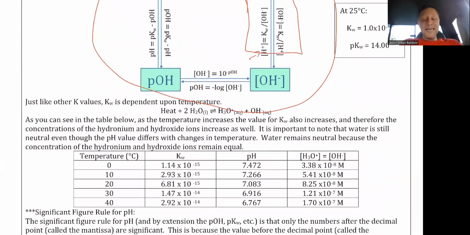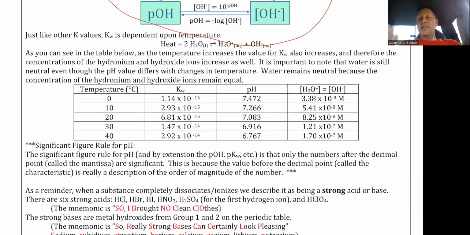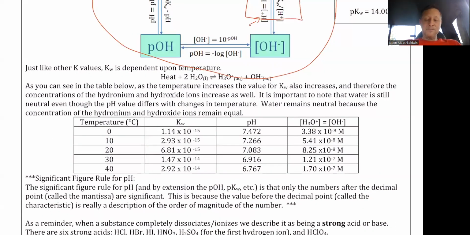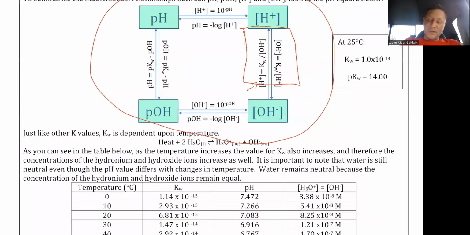So guess what? Equilibrium K's can shift, okay? I should just mention right here, this box mentions pKw. Whenever you see a P in front of something, that's just the negative log, or 10 to the minus. So sometimes we'll be given Kw values, but just to simplify them and not write 1 times 10 to the minus 14 numbers, often we'll just express them as pKws.